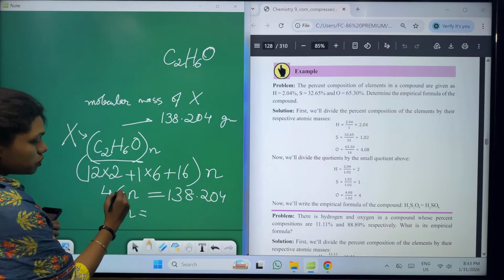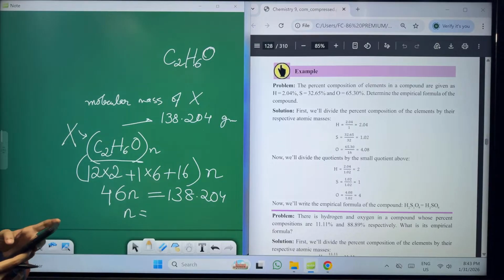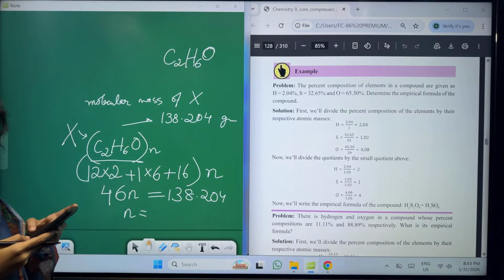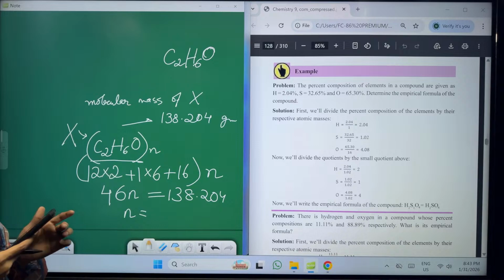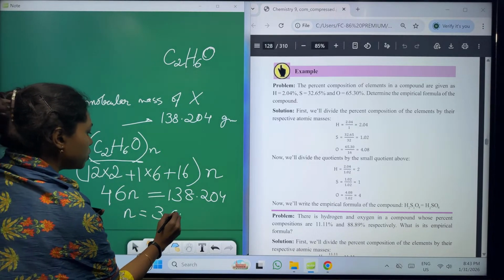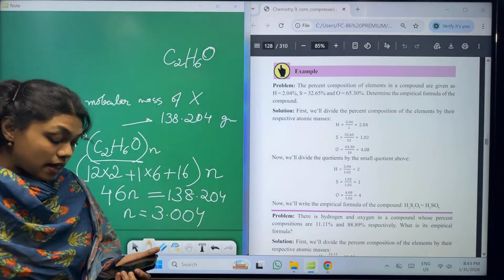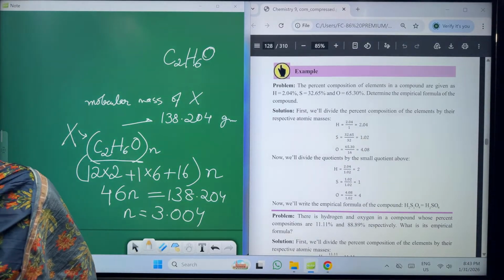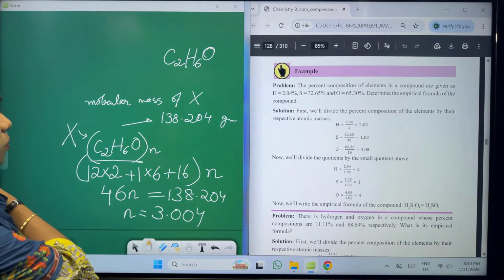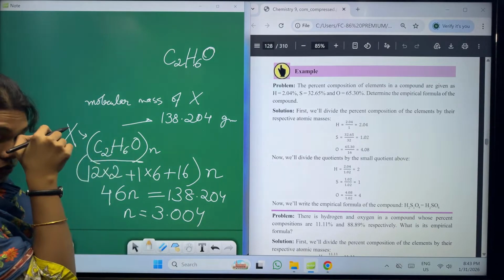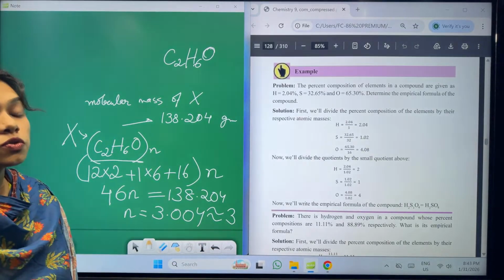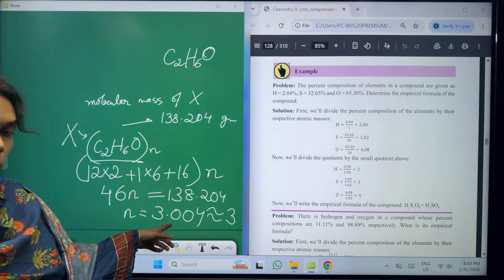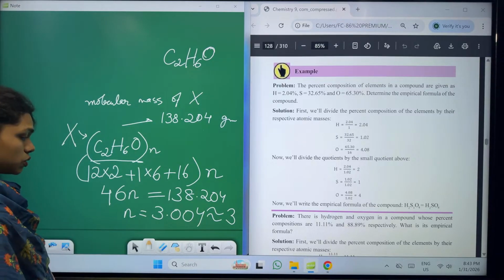Therefore, n equals 138.204 divided by 46, which gives me 3.004. Once again, n is that whole number that we are going to multiply with each of these numbers of atoms. Therefore, it must be a whole number, right? So this can be approximated to 3, because there is a 0 after the decimal.